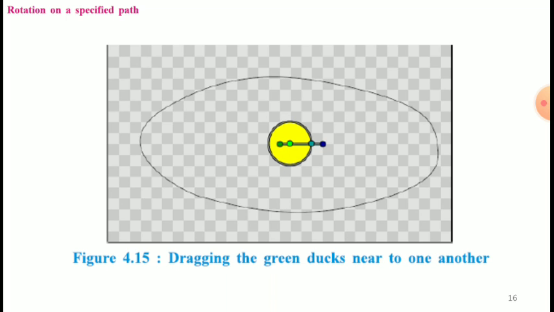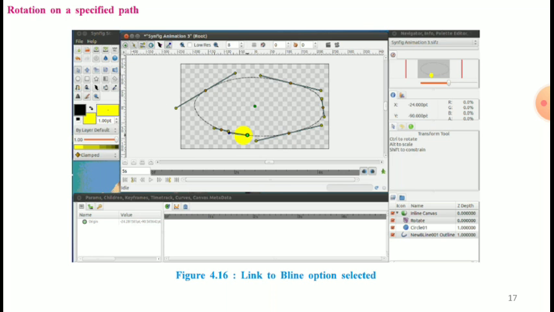And next, select the inline canvas layer and select its positioning duck, that is the green duck, and hold the control key and choose the rotate layer. Continue to hold the control key and select the blue dot on the rotate layer. Continue to hold the control key and select the Bline layer.